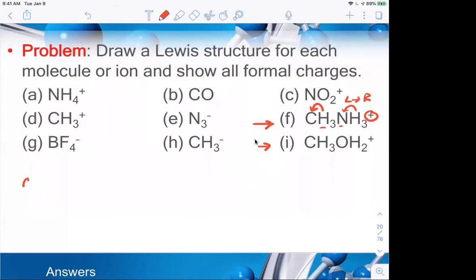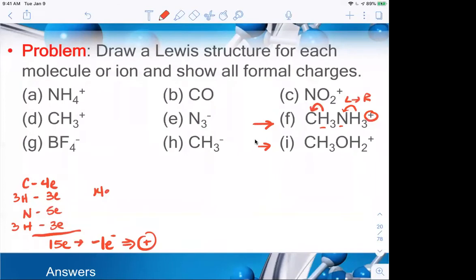So carbon has 4 electrons. I have 3 hydrogens, that gives me 3 electrons. I have a nitrogen, which gives me 5 electrons. I have 3 hydrogens, again, that gives me 3 electrons. So I have 7, 8, I have 15 electrons. But I take one away because I'm positive.